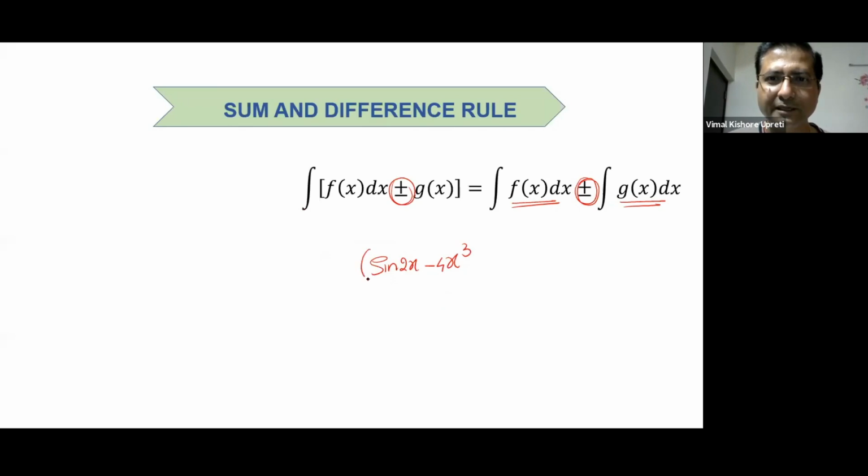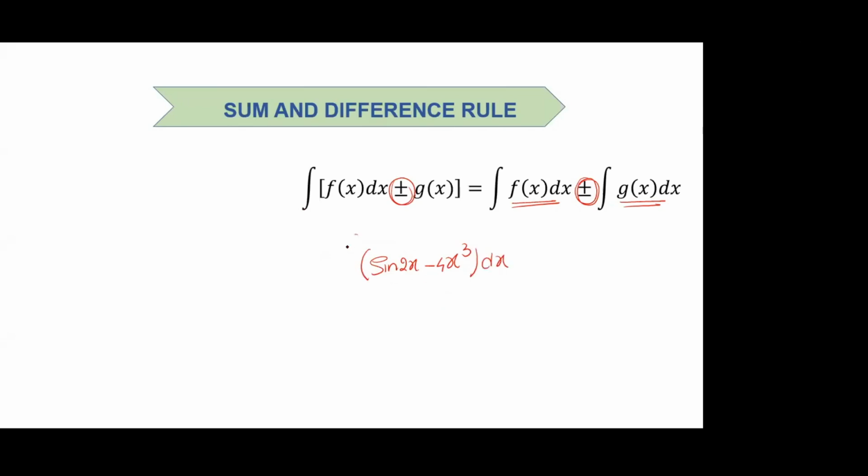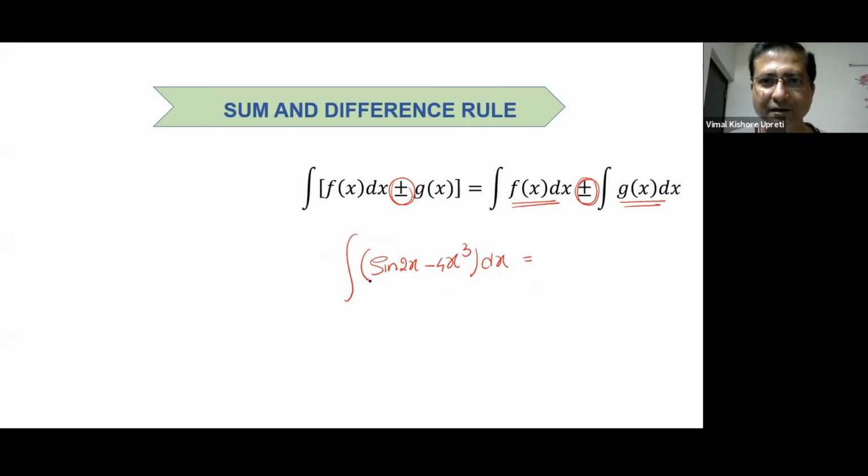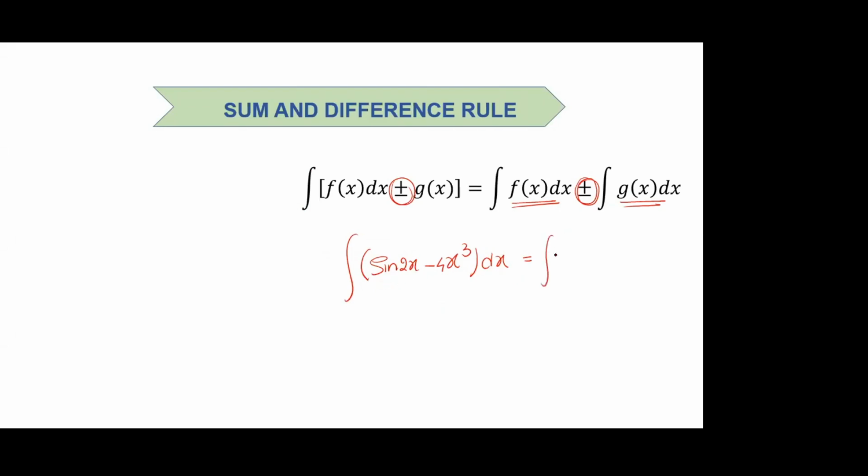If I want to integrate this, can you tell me the integration? First take the constant out. There is no constant for the first term. Sin 2x minus 4x cube.